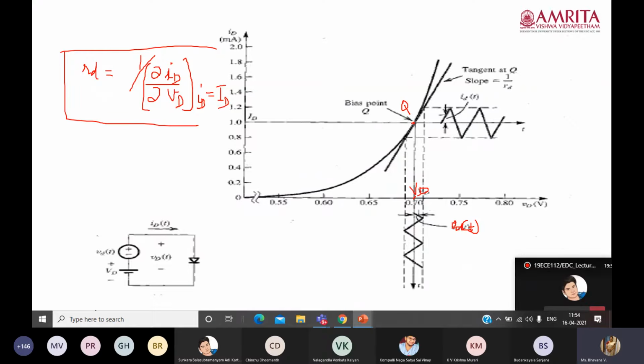At the Q point, where Id will be equal to capital Id.